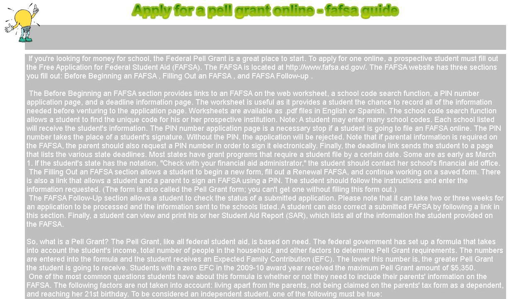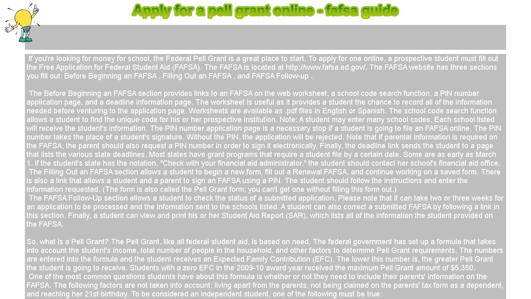So, what is a Pell Grant? The Pell Grant, like all federal student aid, is based on need. The federal government has set up a formula that takes into account the student's income, total number of people in the household, and other factors to determine Pell Grant requirements.